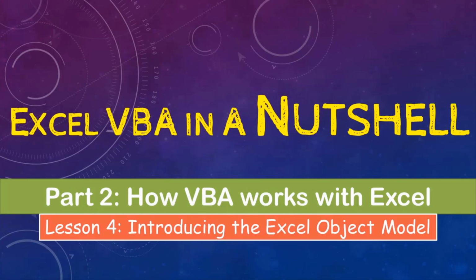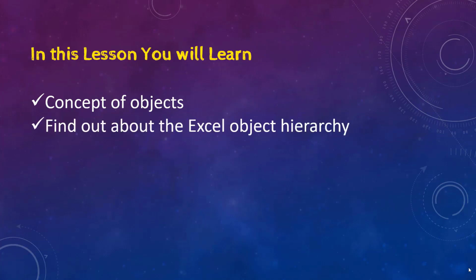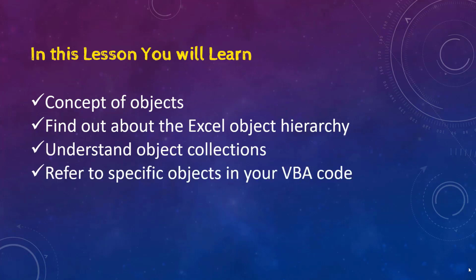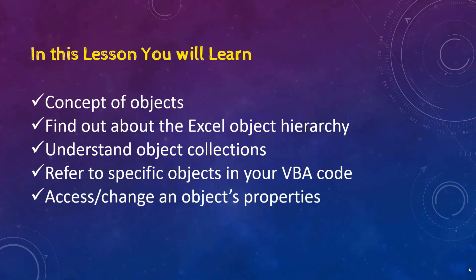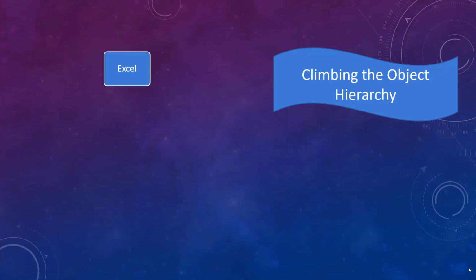At the end of this video, you will learn the concept of objects, find out about the Excel object hierarchy, understand object collections, refer to specific objects in your VBA code, access or change an object's properties, and perform actions with an object's methods.